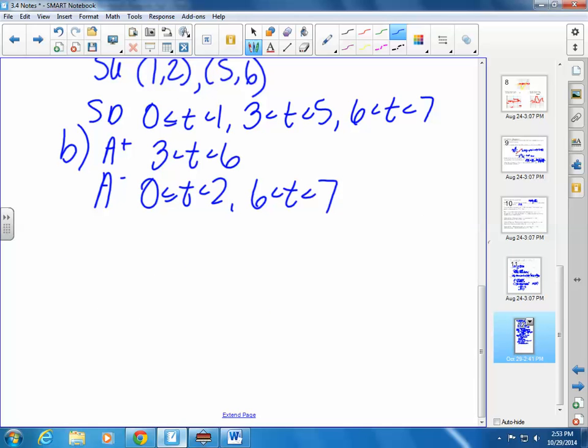Right. 2 to 3 and 7 to 9, because that's where it stops. You can have the closed here. Oh, and I stopped doing brackets, sorry, but you know what to do on there.